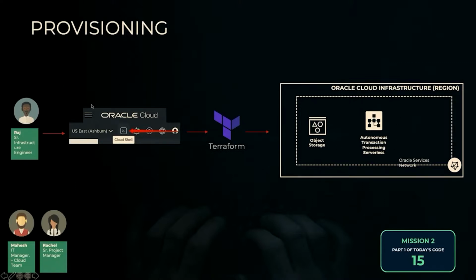And please notice that during the provisioning and all the project steps, the management will always be overseeing whatever is happening, right? Here, Mahesh, who is the manager of Raj, is basically following up with him and looking to see if everything is executing in a proper way.